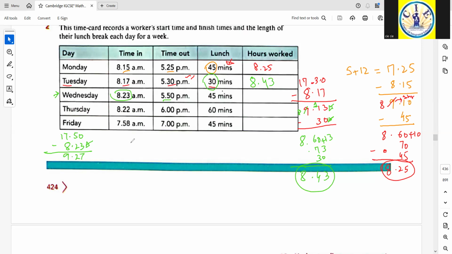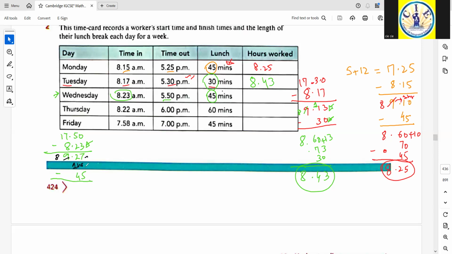927. And since the lunch break was for 45 minutes, we can subtract 45 minutes from this. So when we are subtracting 45 minutes, again, I need to have a 1 hour carry to this.